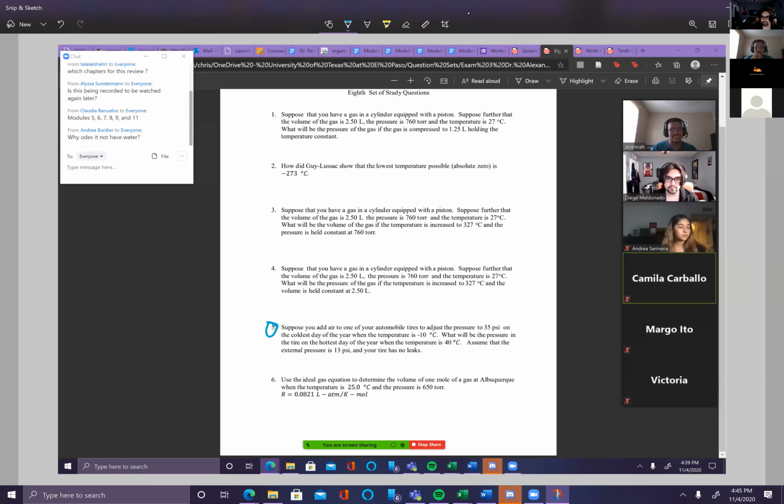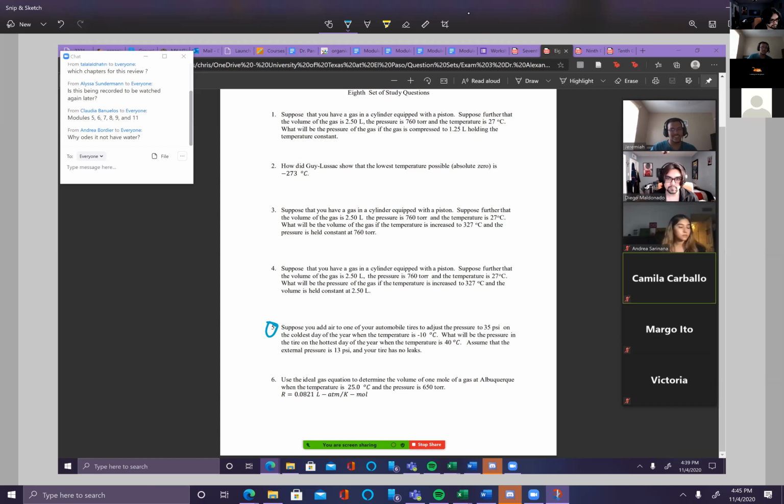Or something. I think in one of the PowerPoints, it gives you 13 PSI. So if you add that to 35, then in that case it would give us 57. So you add the external pressure to the initial pressure? If I do that, then I get 57, but I wouldn't know what to do if I got this on the exam, you know?